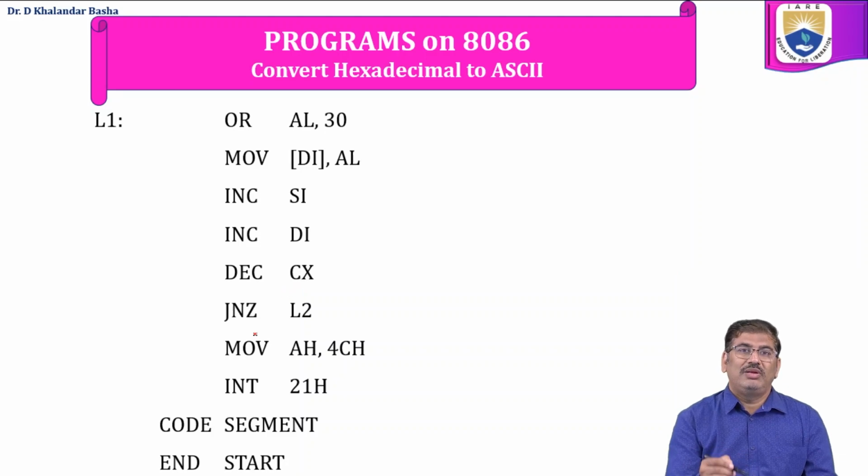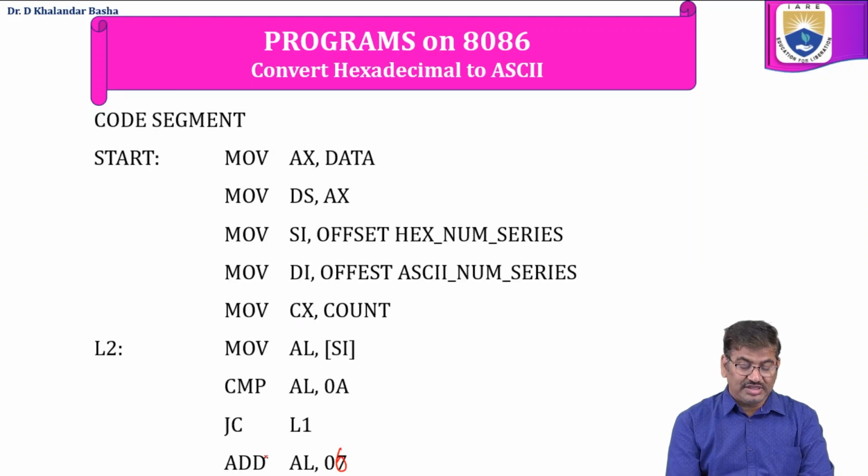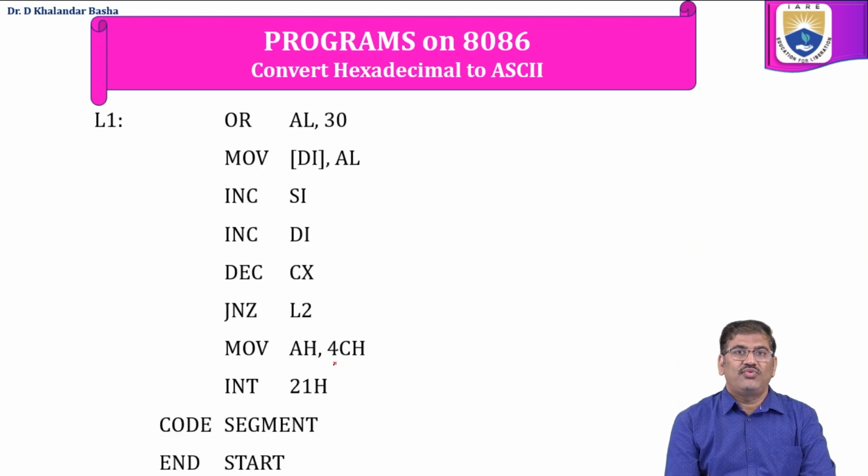So this loop will be iterated until CX is equal to 0, using JNZ loop 2. Loop 2 is placed for fetching the data, that is here, MOV AL, [SI]. Once the CX content is 0, we can terminate the program by using MOV AH, 4CH followed by INT 21H. Then we end the code segment by using code ENDS. To end the program, we use the END directive with the start label.